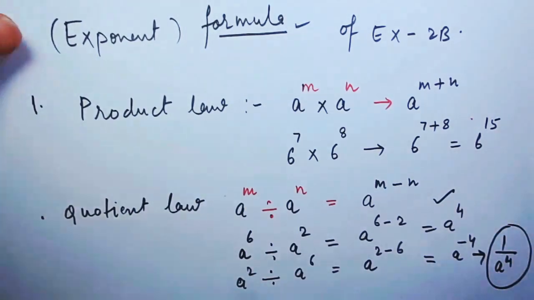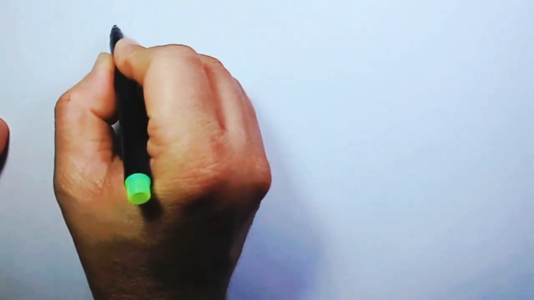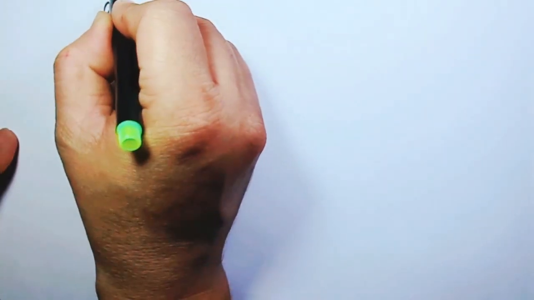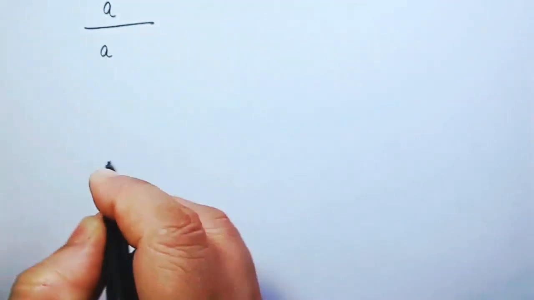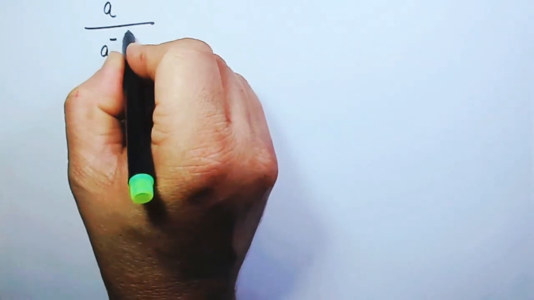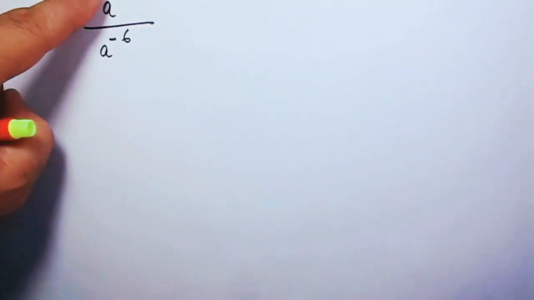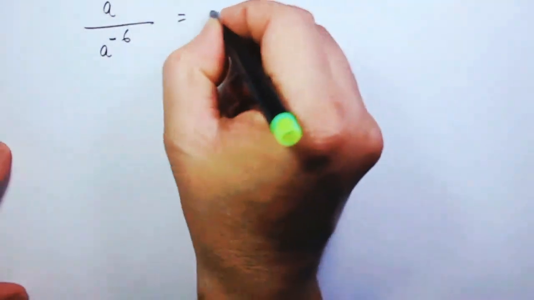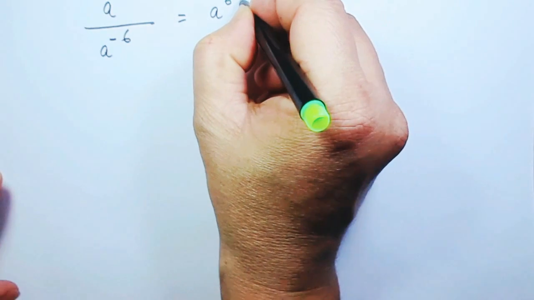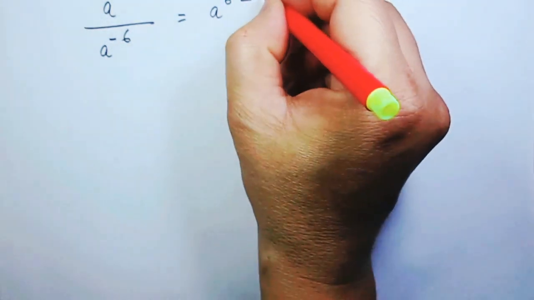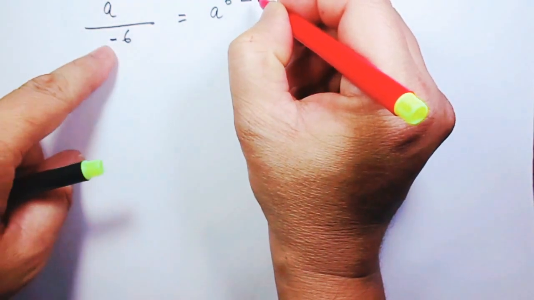Now where the problem lies in the quotient law, I'll tell you. The problem lies when you get a to the power 6 divided by a to the power minus 6. Have a look. Here this will get converted to a to the power 6 minus minus 6.